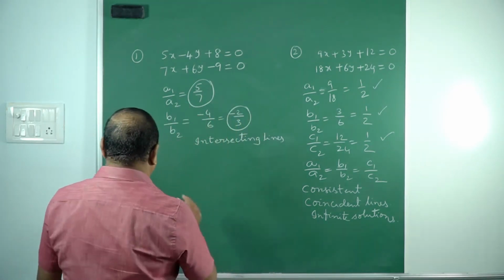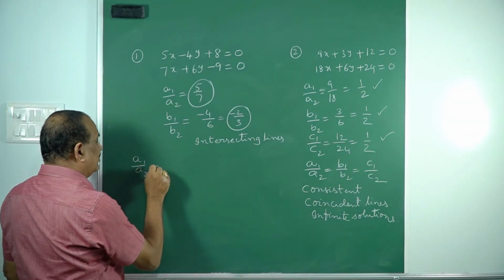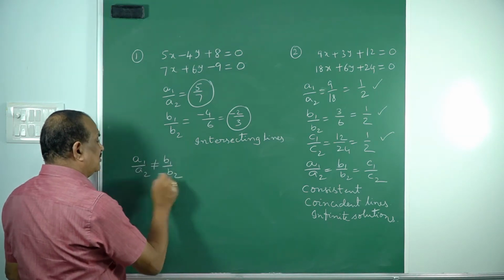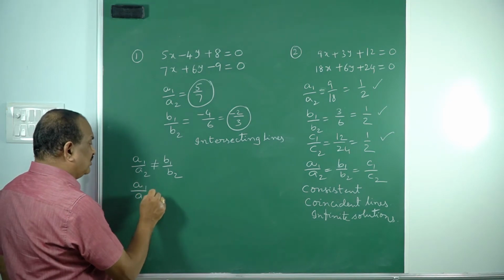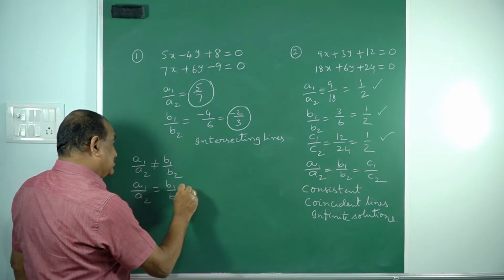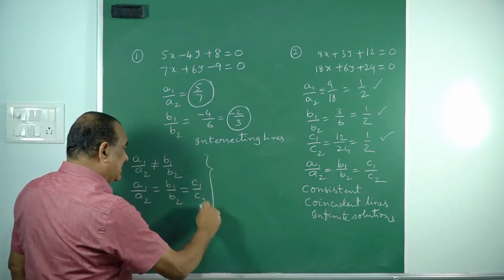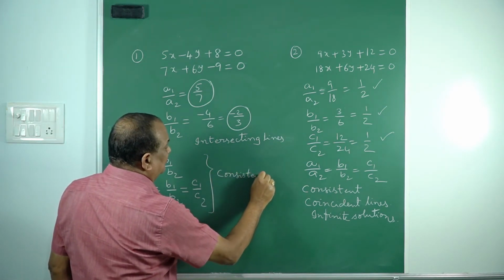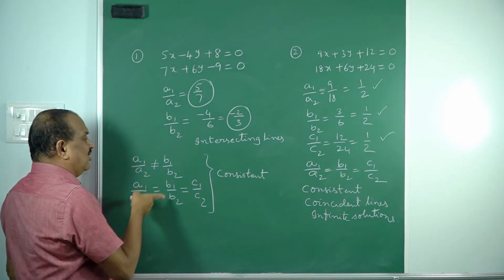I just write here: a1 on a2 is not equal to b1 on b2, you are consistent. a1 on a2 is equal to b1 on b2, and is also equal to c1 on c2, now you are consistent. There is no problem. Either the lines are parallel, coincident or intersecting.